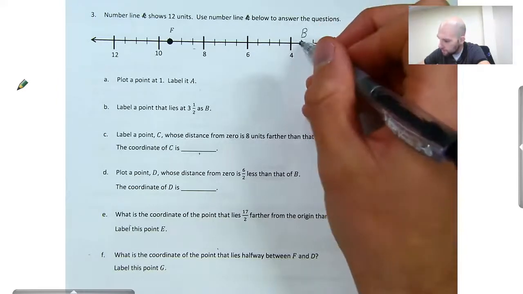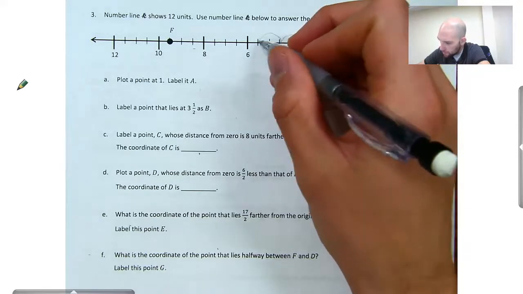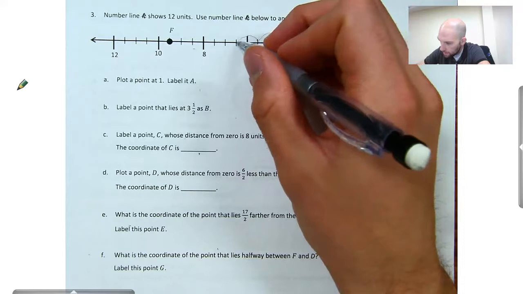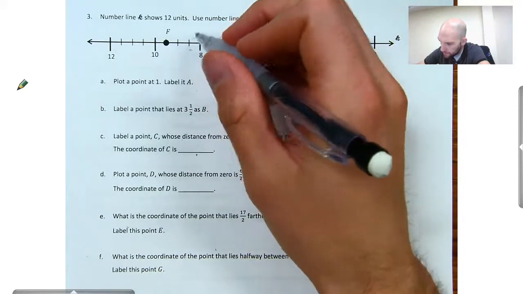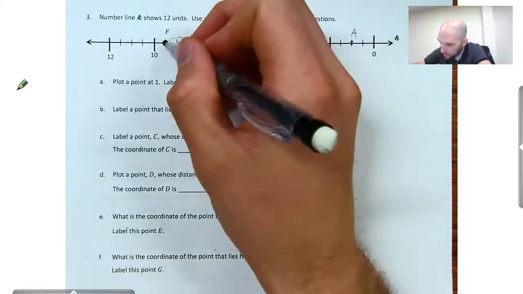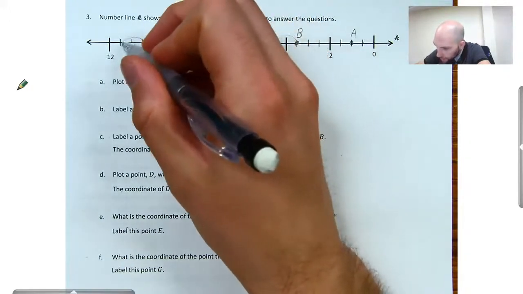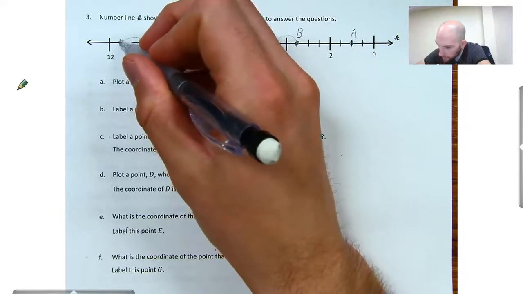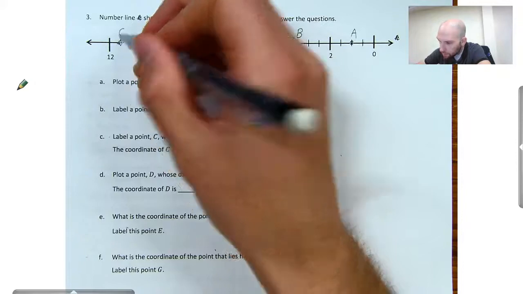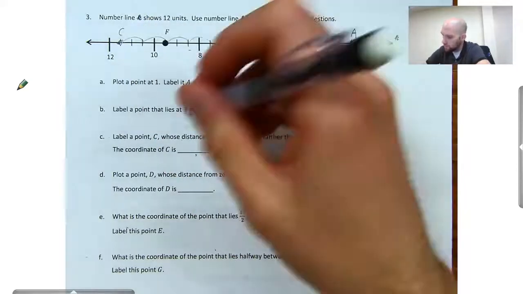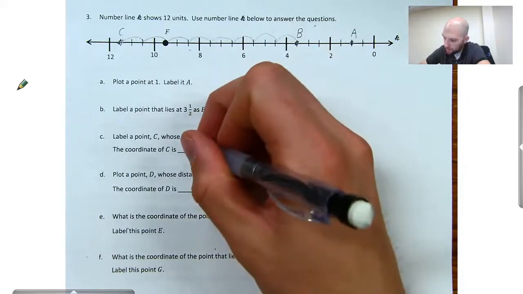So we'll have 1, 2, 3, 4, 5, 6, 7, 8. And C is going to be right here. The coordinate of C is 11.5.